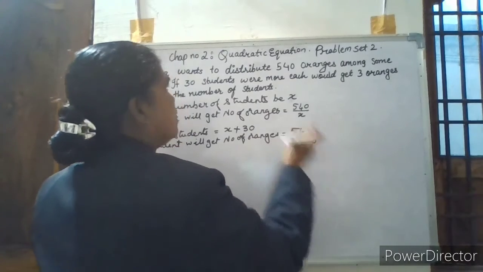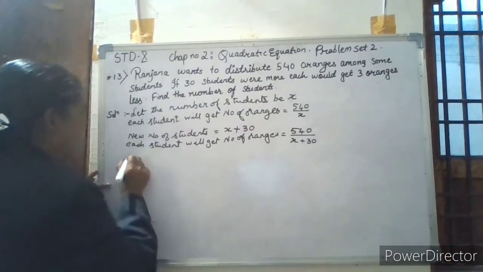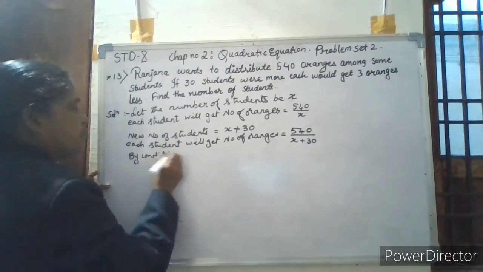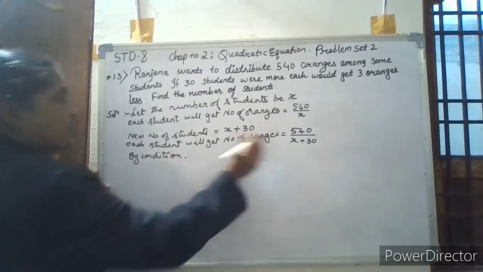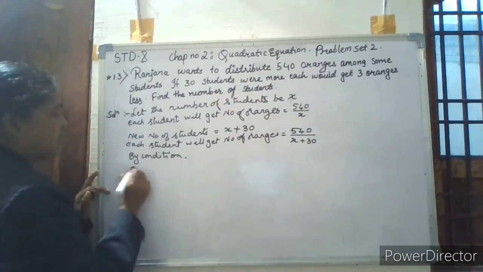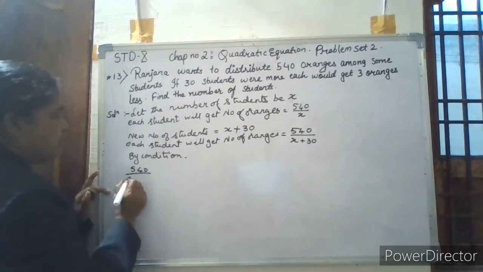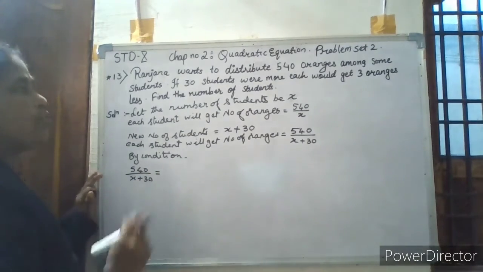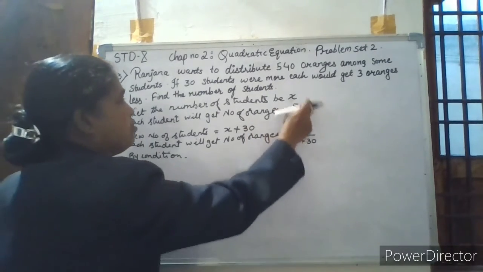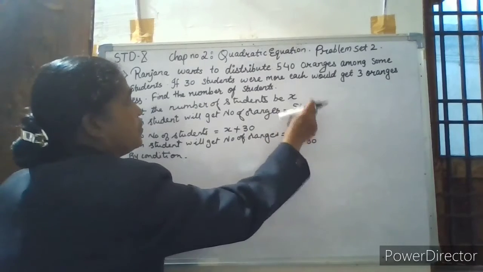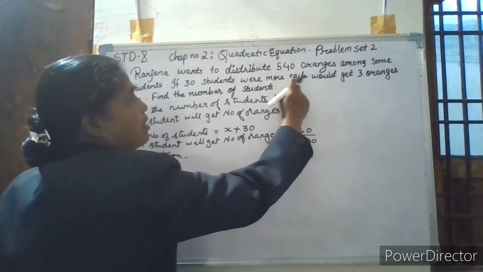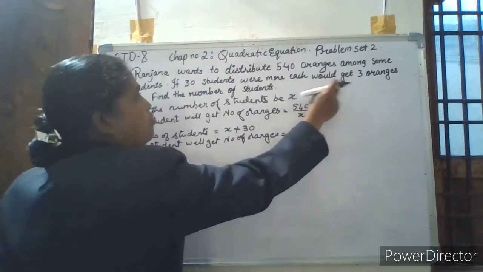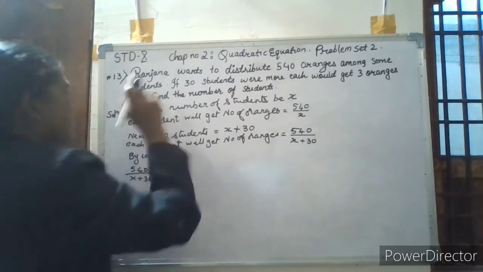But by the condition given, the number of oranges each gets with x plus 30 students is 3 less than before. So if 30 students were more, each would get 3 oranges less.